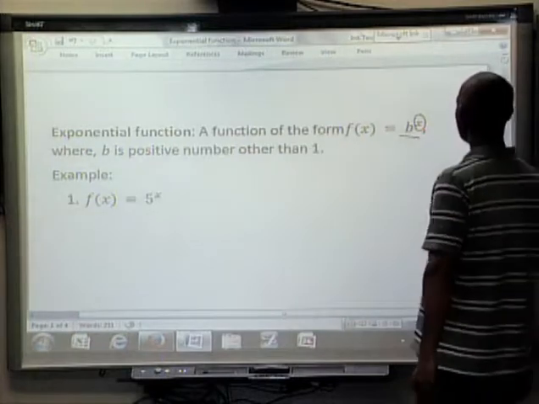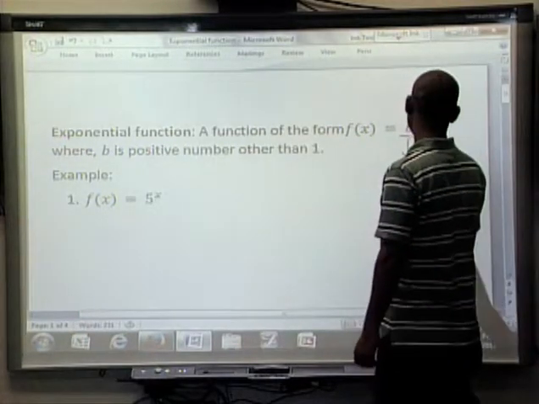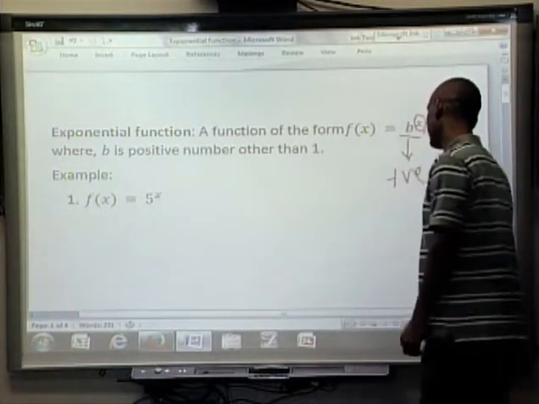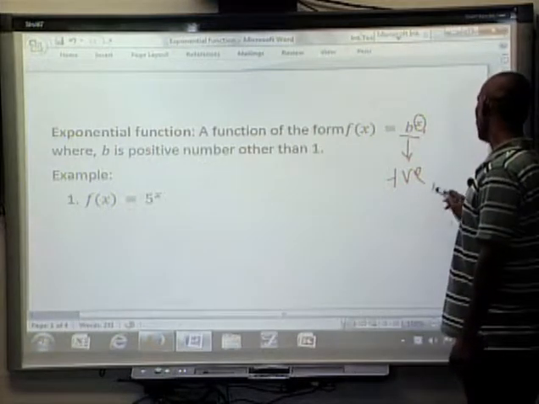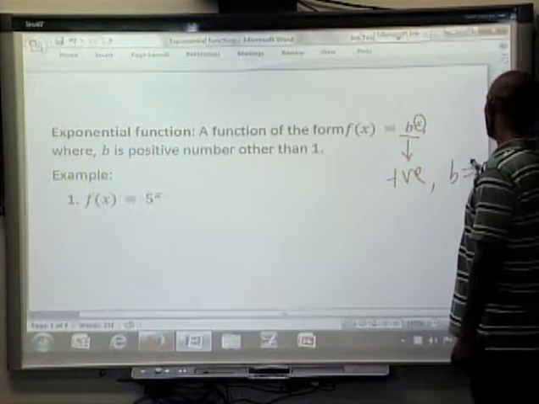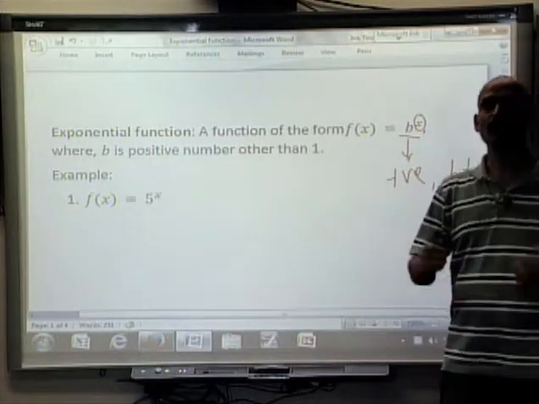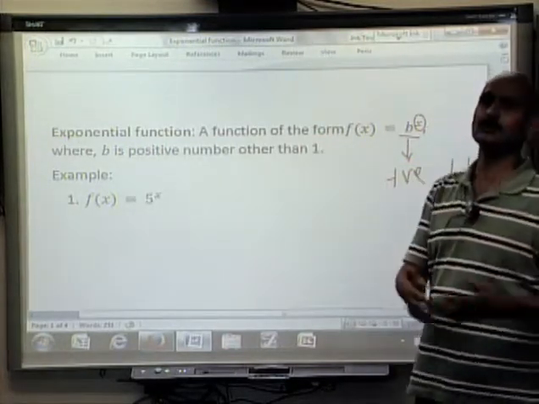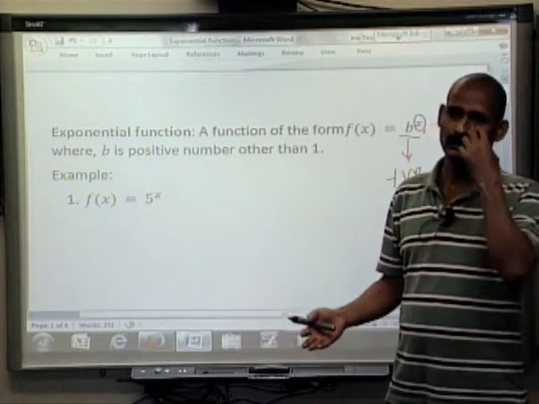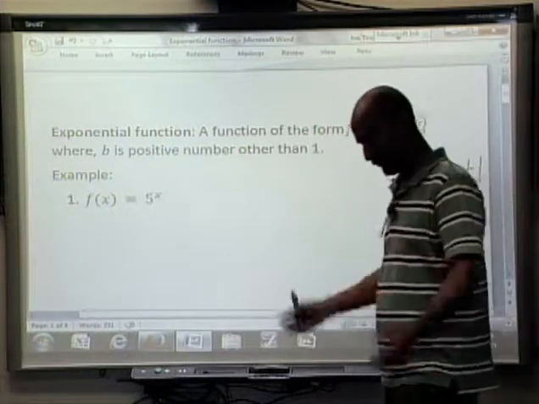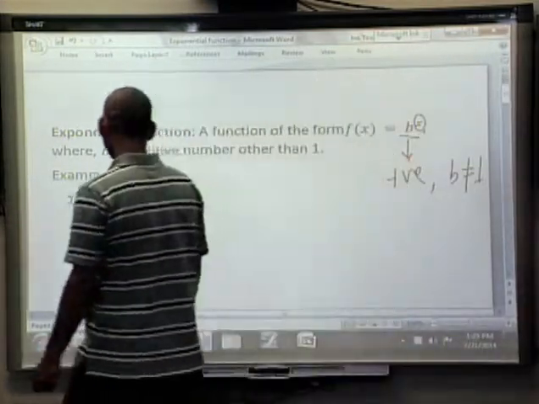We want b to be positive, and we don't want b equal to 1. If b is 1, 1 to the x is 1, so it is not an exponential function.